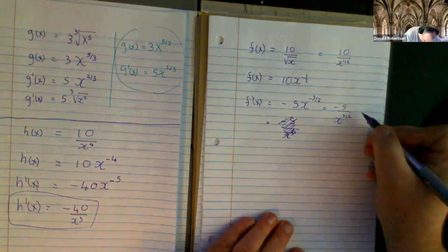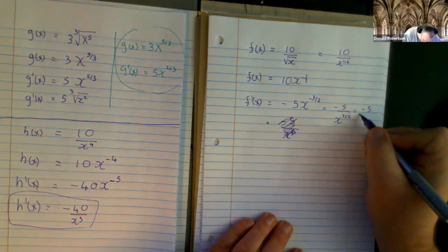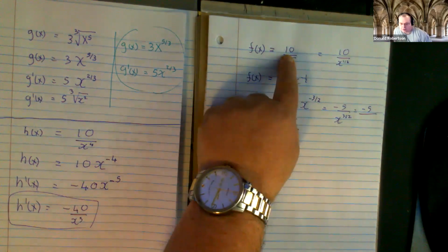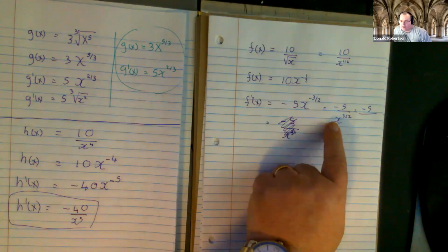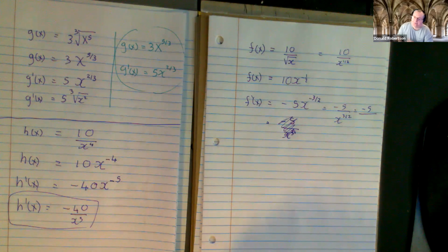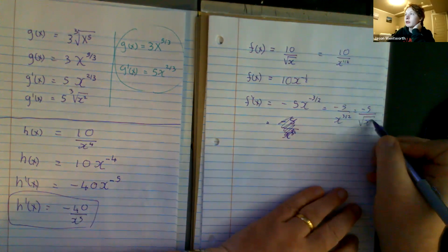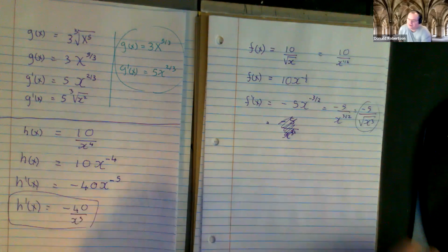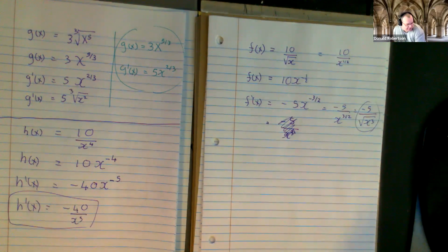Okay, almost done here. So it looks like the original. How will I rewrite x to the power of 3/2? Square root of x cubed. Style points, finished. Stick a fork in it, it is done.